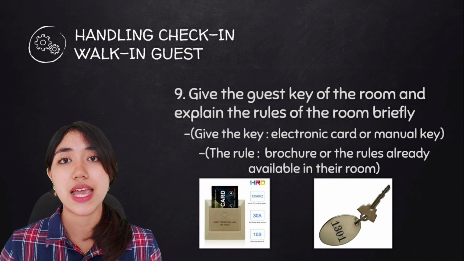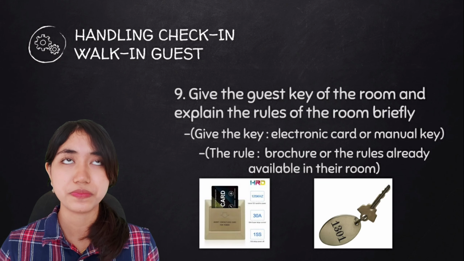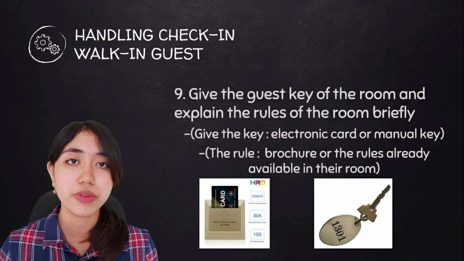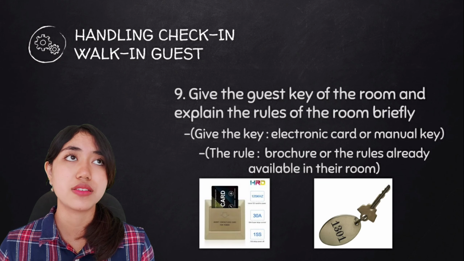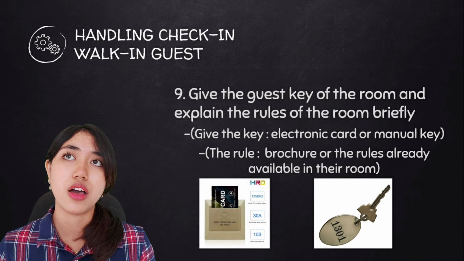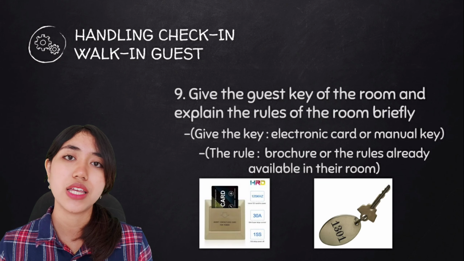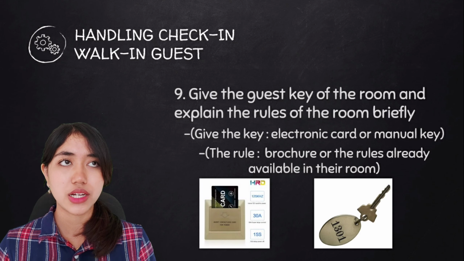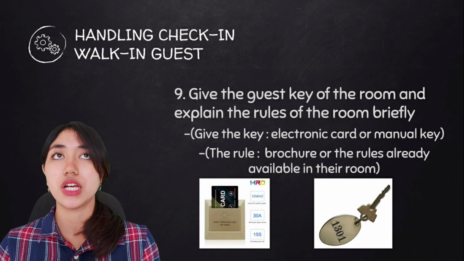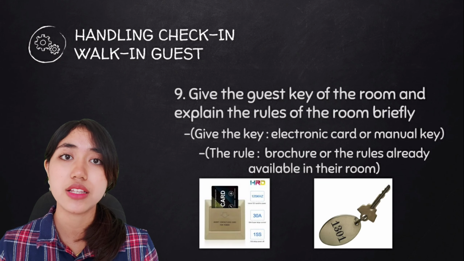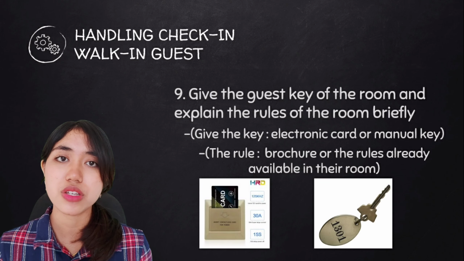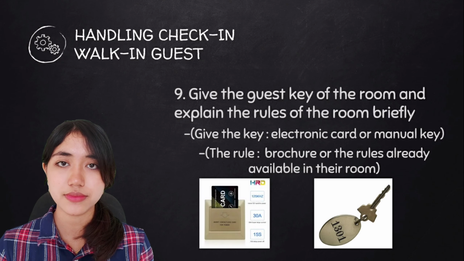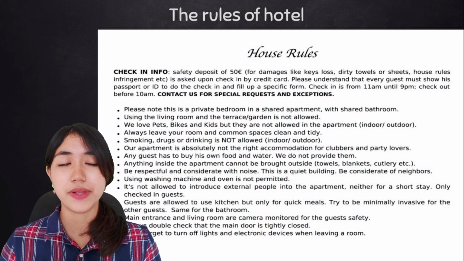Besides that, the front office also explains the rules of the room briefly by giving a simple brochure, and in another way it can be done by putting the rules in the room. So the rules are already available in the room. And this is an example of the rules.